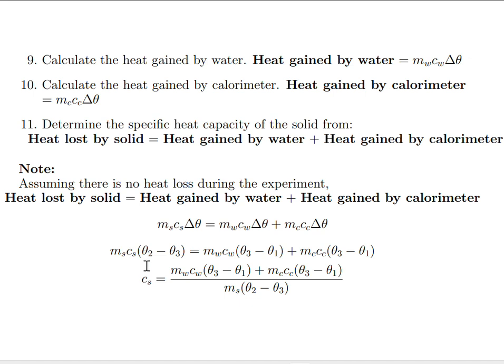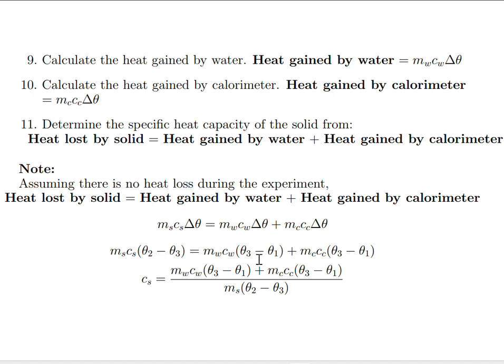Then our next step would be for us to substitute for these temperature differences here. For the temperature difference of the solid, remember it came with temperature θ2, which was higher than θ1. So it is going to be θ2 minus the final temperature of the mixture, θ3.